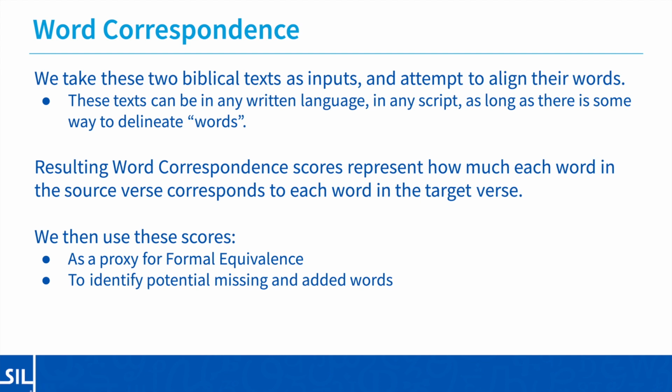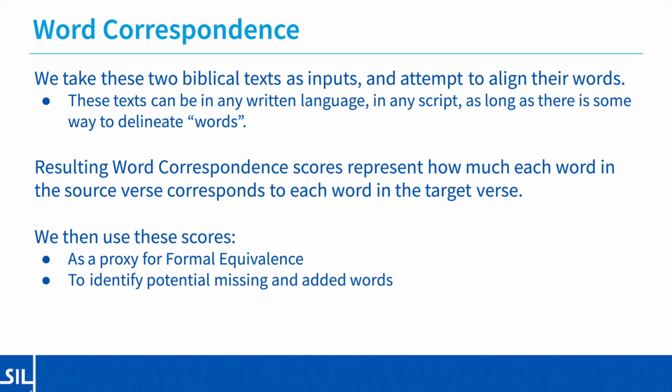Simply put, we can calculate word correspondence between two biblical texts by attempting to align functionally equivalent words between them. We can do this for texts in any written language, in any script, as long as there is a clear way to delineate words. For example, in many scripts, white space acts as a word delimiter. However, we have found that results are more accurate for isolating languages as opposed to polysynthetic languages.